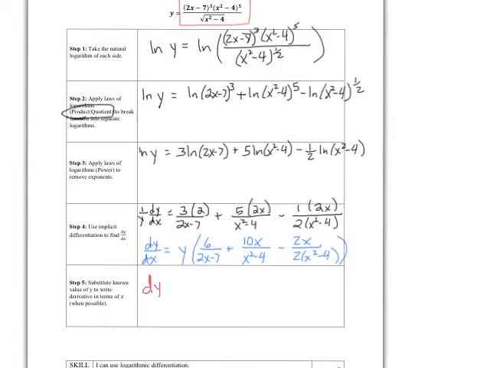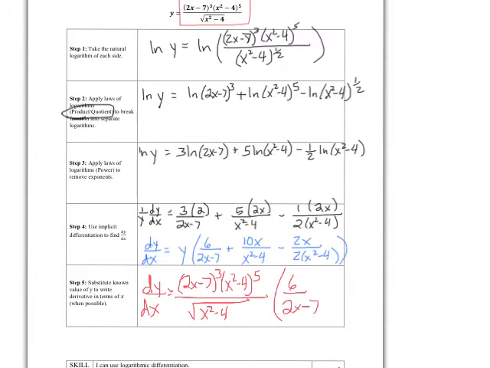So dy/dx is equal to (2x minus 7) to the third, (x squared minus 4) to the fifth, all over root (x squared minus 4), times this piece.